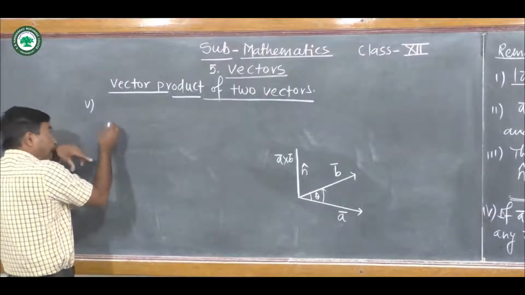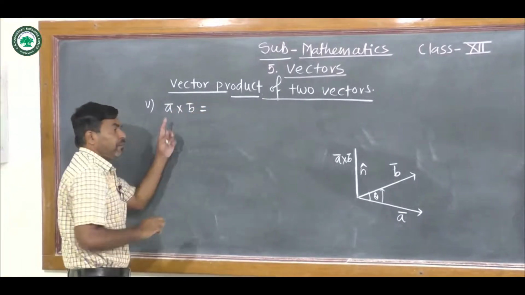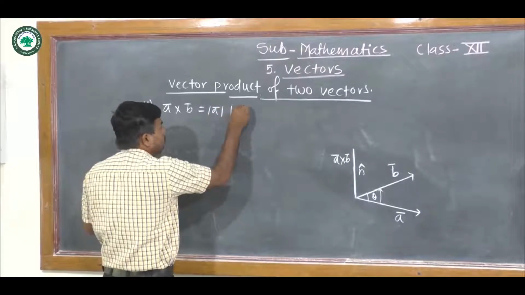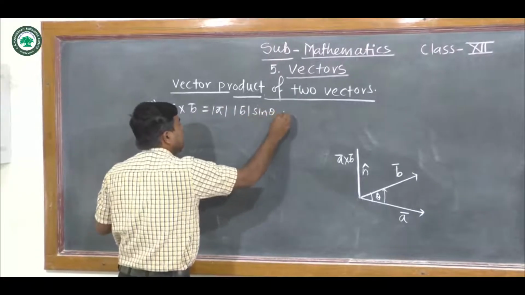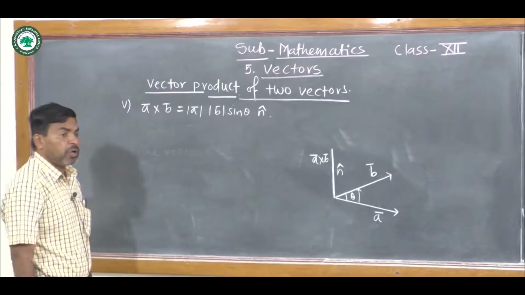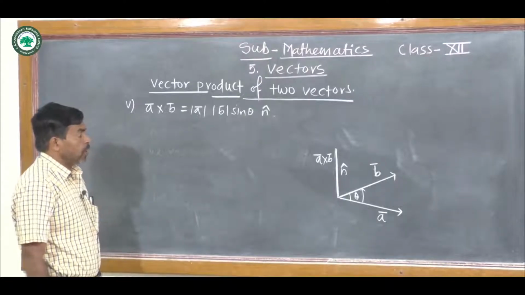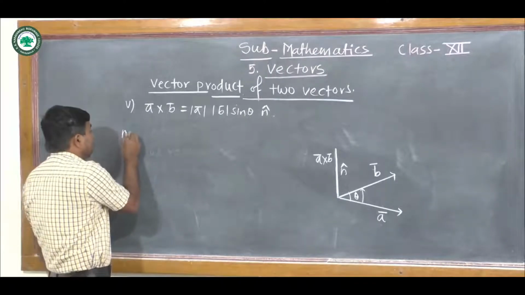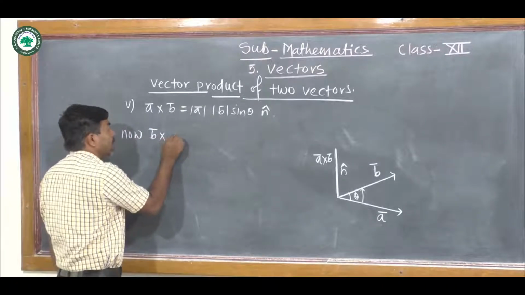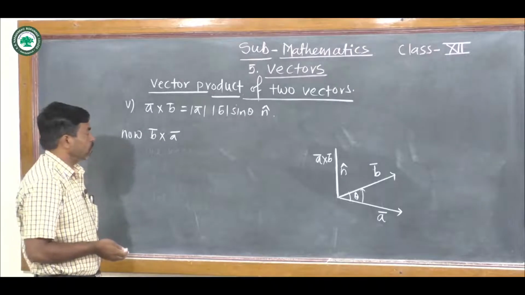See, we have A bar cross B bar is equal to, what is the definition of A bar cross B bar? Magnitude of vector A into magnitude of vector B into sine theta into n cap, where this n cap is the unit vector perpendicular to both A bar and B bar. Now see here, what is B bar cross A bar?